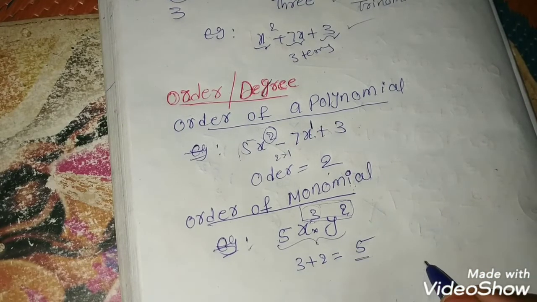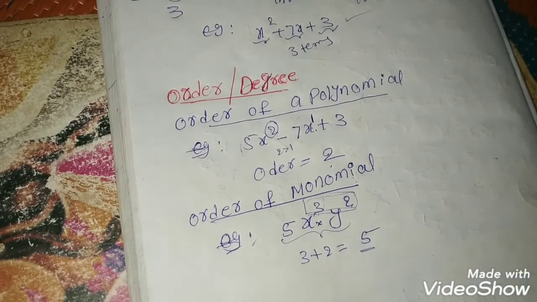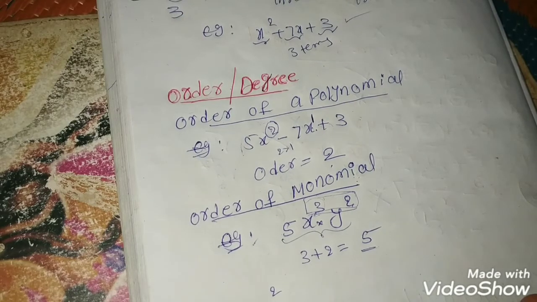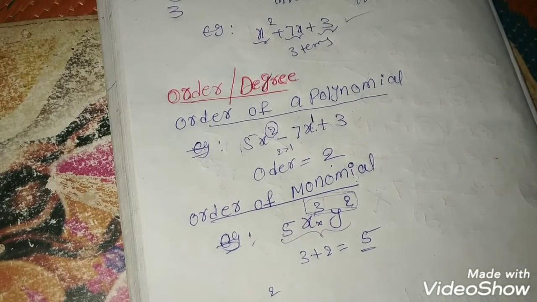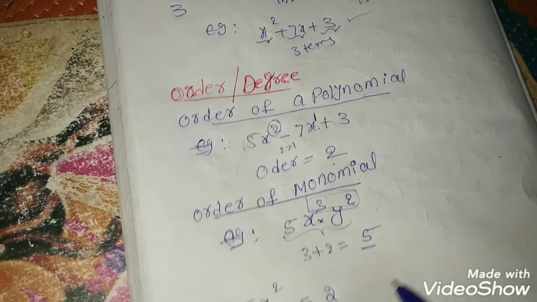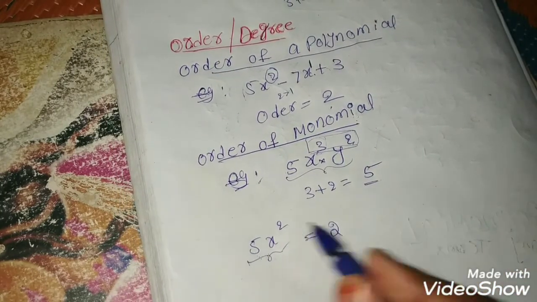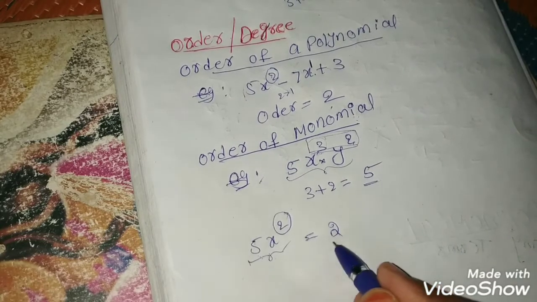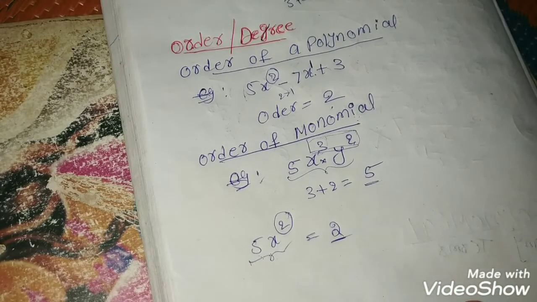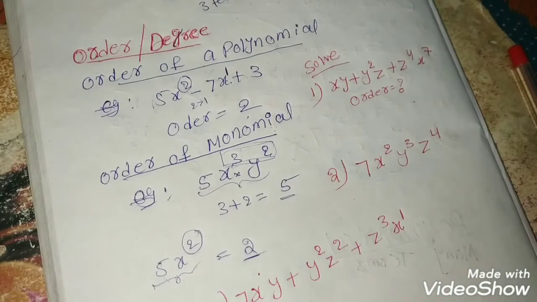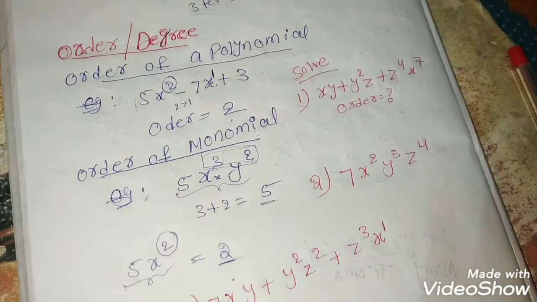This is the order. If you have 5x square, what is the order of this monomial? Definitely we can say, see here, this is the monomial. What is the order here? Only a single power we have. Of course, we can say this is 2.